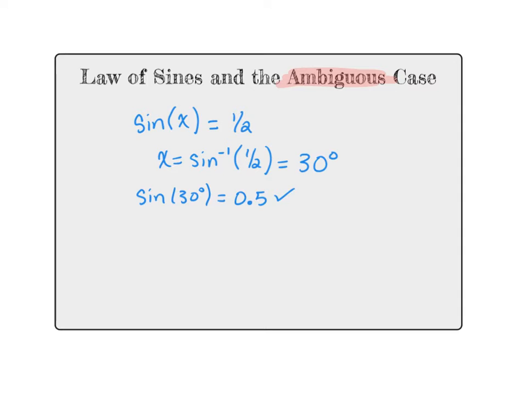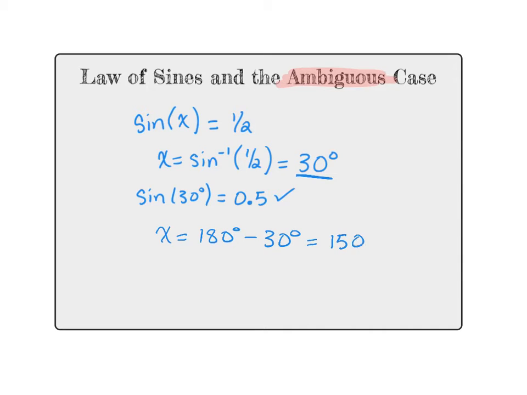To find sine's alternate angle, we always want to find the angle that is supplementary to the angle that we found. Supplementary means that this angle and the alternate angle will add up to 180. So whenever you have the first angle from your calculator, you're going to take 180 degrees and subtract the angle that the calculator found.